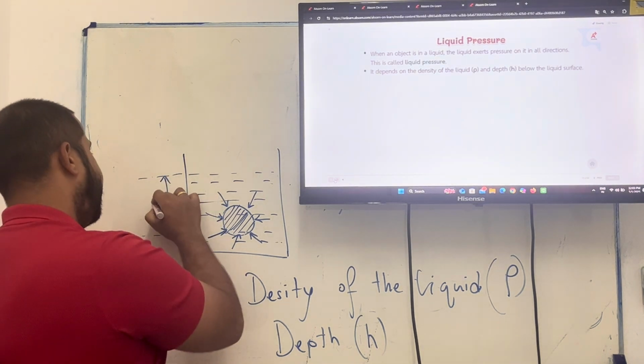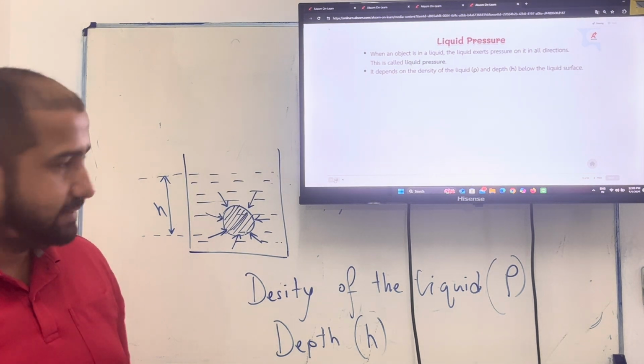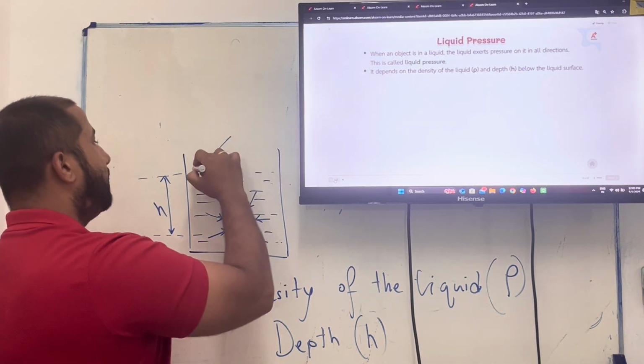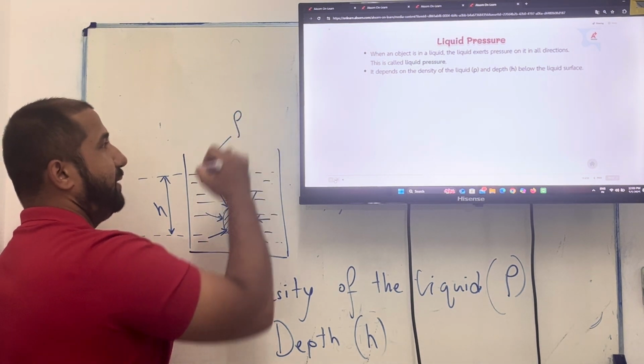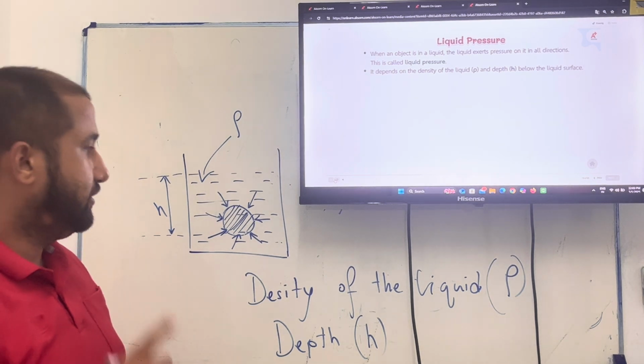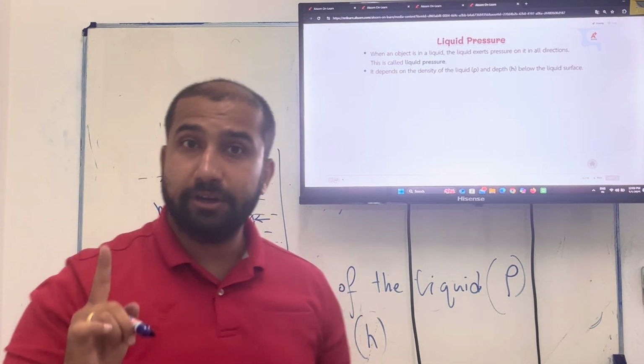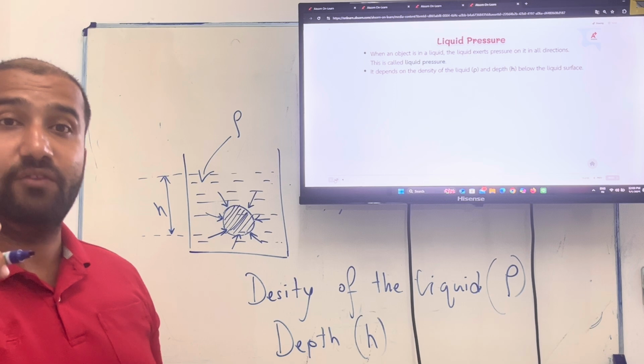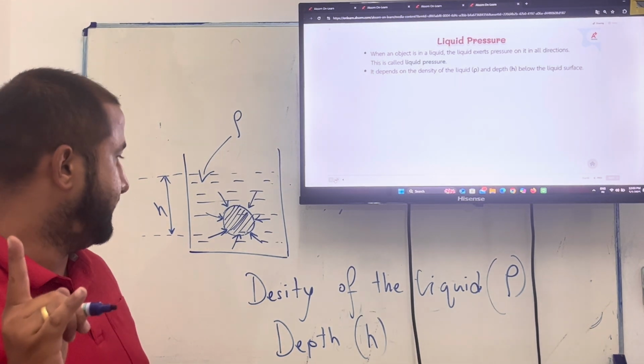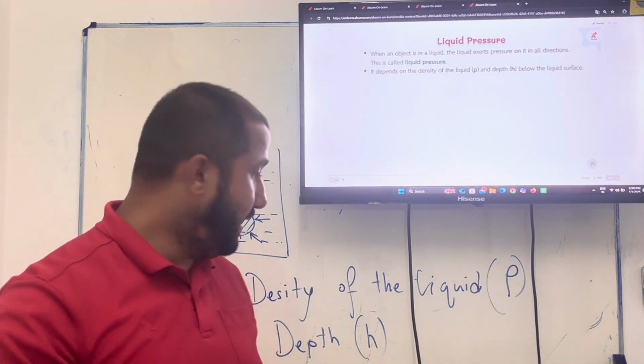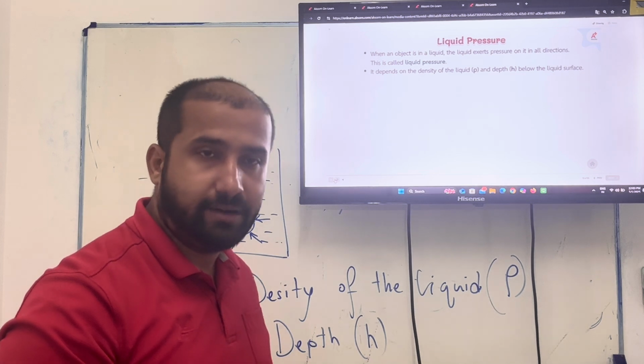That is depth. And what type of liquid is this? It is represented by the density of the liquid. So liquid pressure depends on two important things: density of the liquid and depth of the liquid.